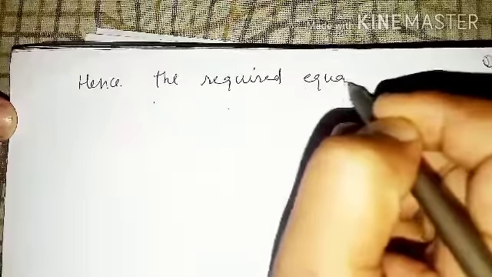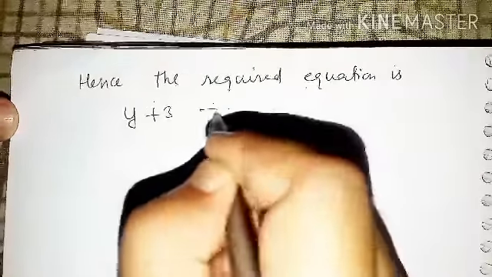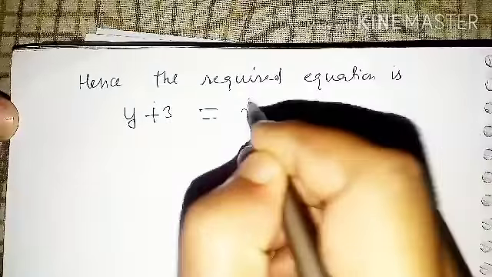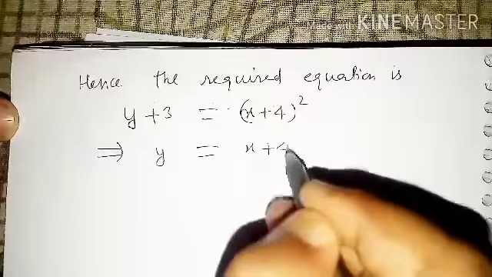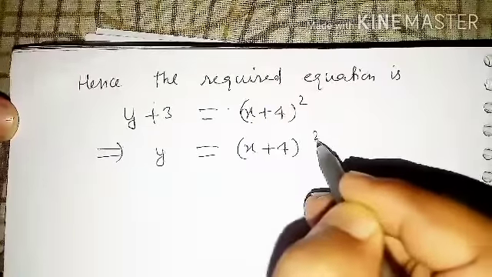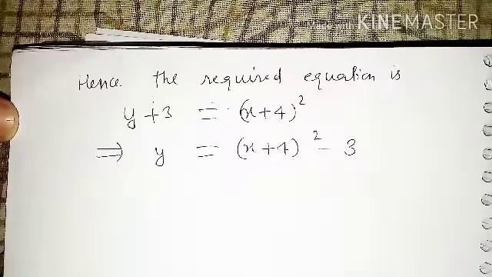Hence the required equation is y plus 3 equals (x plus 4) whole square. This implies that y is equal to (x plus 4) whole square minus 3.